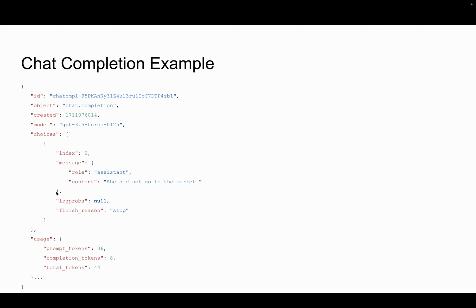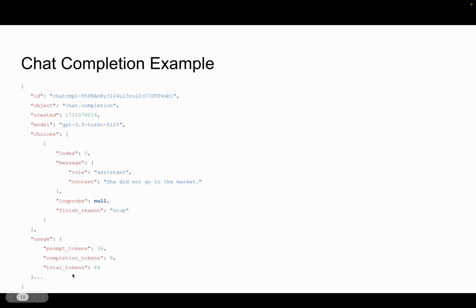Actually, it's the message contained in the choice object. As you can see, the response message has the role assistant, and the content is, she did not go to the market. So as you can see, ChatGPT corrects the grammar for us. And one field called finish_reason is stop, which means the large language model finished the task.